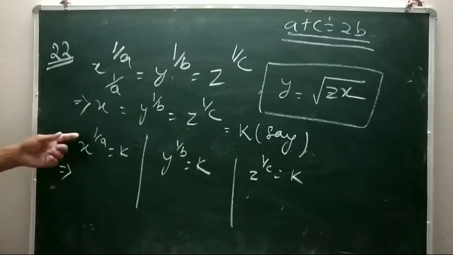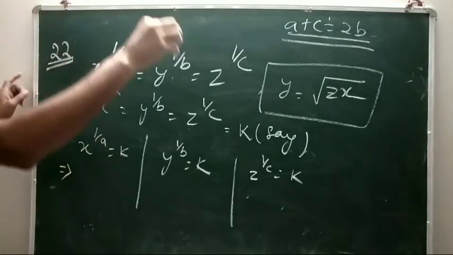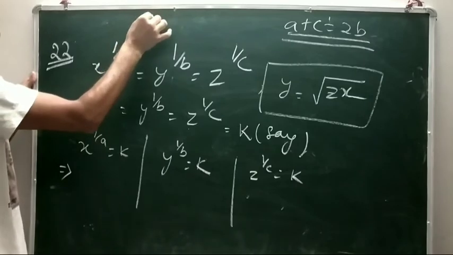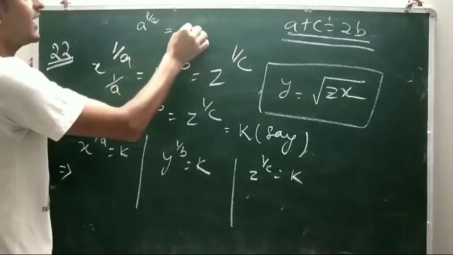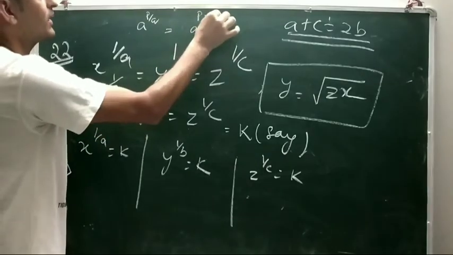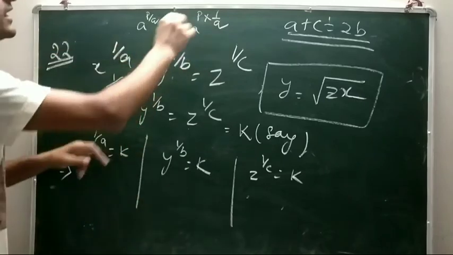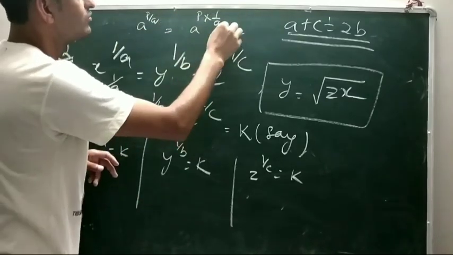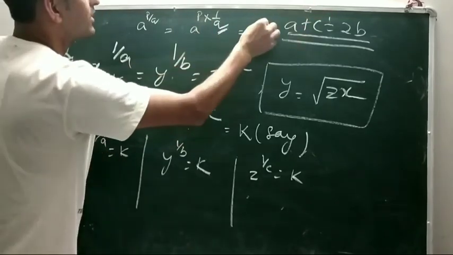See, this is x to the power 1 by a is equal to k, and we have a law of indices that a to the power p by q can be written as a to the power p multiplied by 1 by q. If q is there, it will go to the other side, but here it is 1 by q, so it will move to the other side and become q.